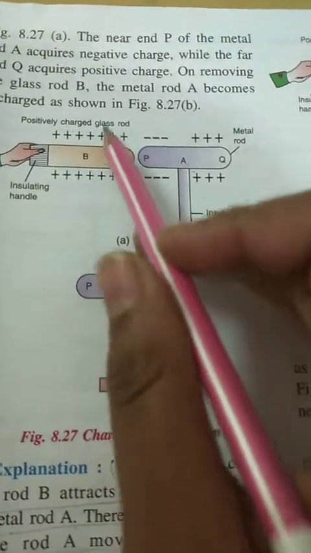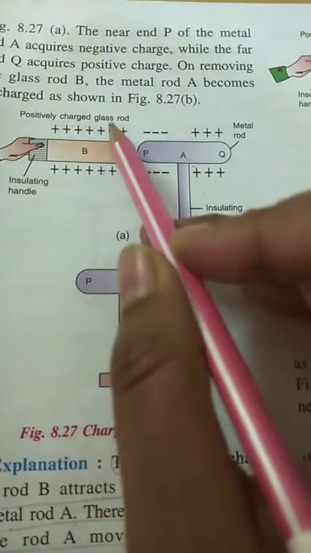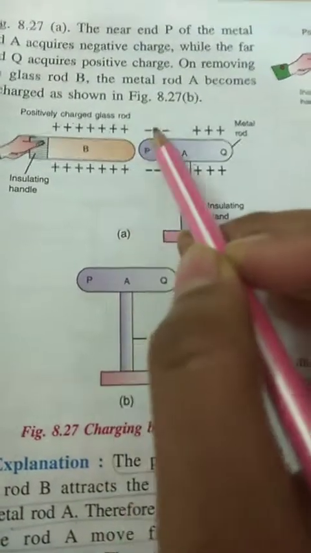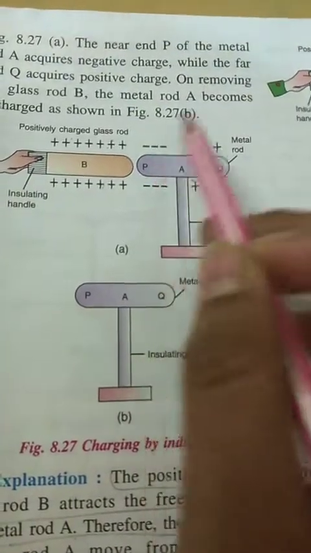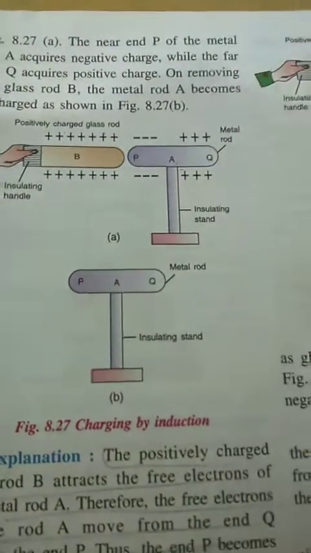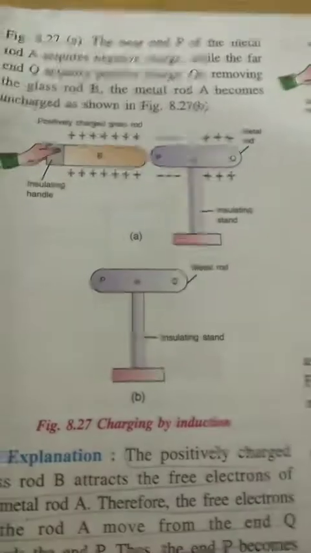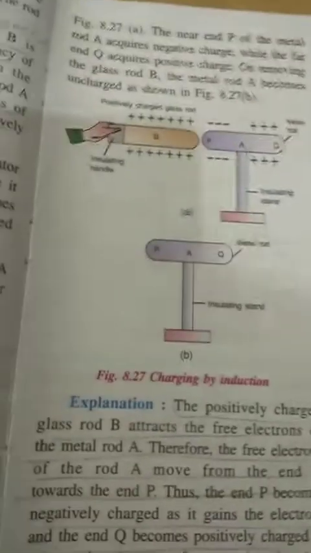Whenever a positively charged body is brought near, the front part will have negative charges and the back part will have positive charges. I hope you are clear with it.